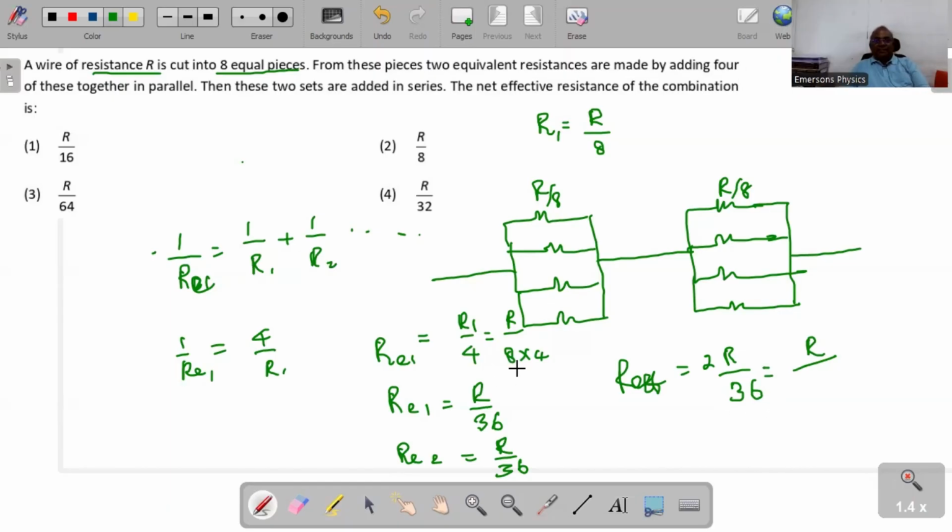Here I wrote 36 earlier, sorry, we made a mistake. The resistance value is 32. Here also 32, 8 fours are 32, no? So the effective resistance is R by 16. Okay, thank you.